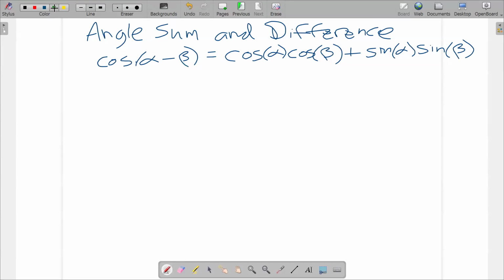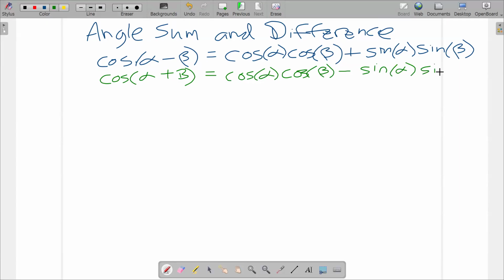If we replace the difference with a sum, it's a really easy switch in the formula. It's going to lead to cosine alpha cosine beta minus sine alpha sine beta. I need to talk to whoever came up with these.